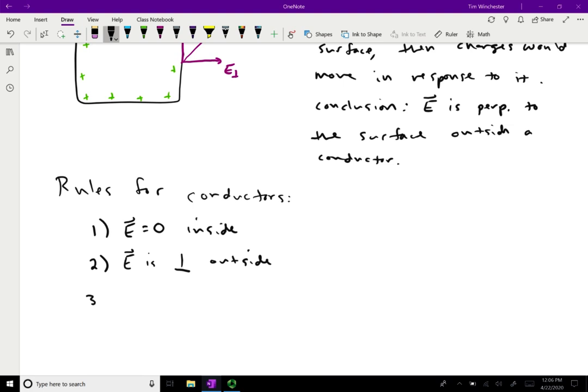And the third rule is that any excess charge moves to the surface. Later we will have an additional rule that we'll add, but these three rules are going to determine most of the behavior of conductors.